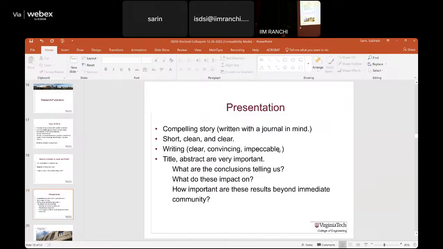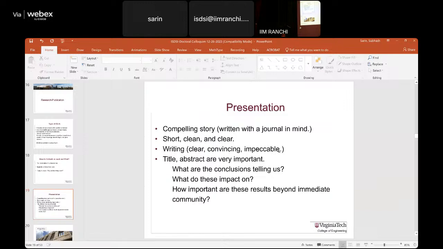And the abstract is very important, whether for a paper or a proposal, because the first impression is made by reading the abstract.